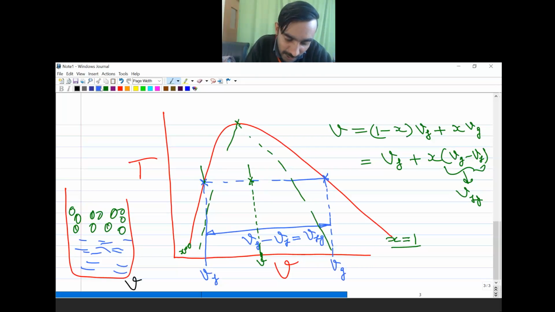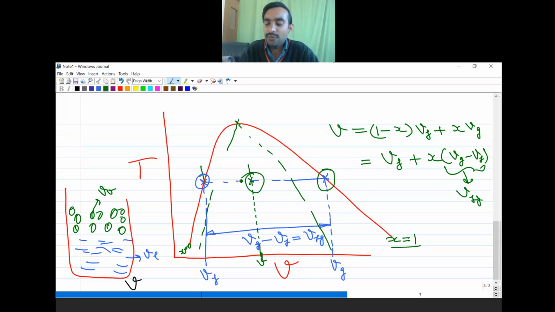Physically, whatever the liquid part is, it has the property value corresponding to this point only, and whatever the vapor part is, it has the property value corresponding to the right hand side point only. But as a number representative based on the weighted mass average, we are getting this overall property as V. So it's a number representative which doesn't specify the physical state of the matter.